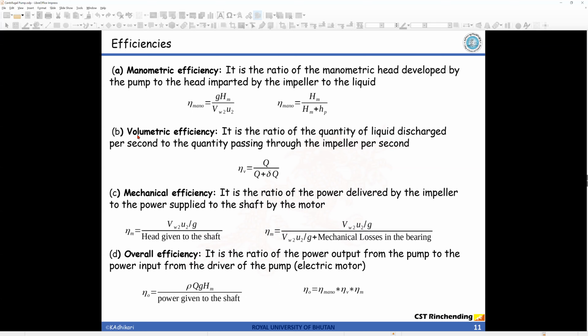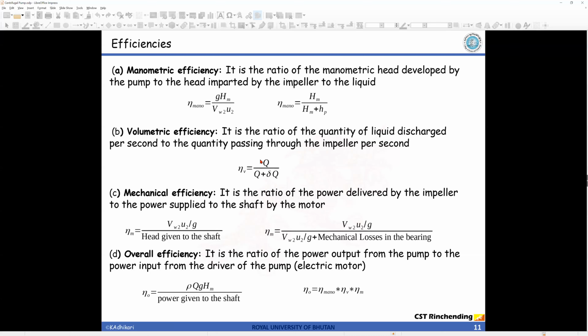Okay, volumetric efficiency. Here you really need to go back and understand how the pump works. Whenever the impeller rotates, the liquid present at the center of the eye is thrown outwards into the casing, but some portion of liquid comes back to the eye through small gaps and so on.